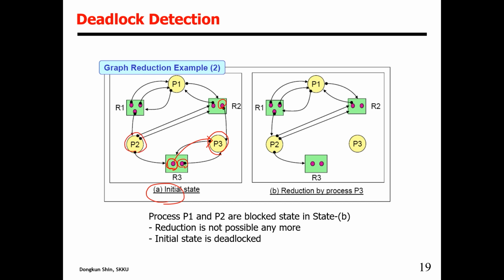Then P2 can use this resource, but P2 must acquire two resources from R2, and there is only one available, so P2 cannot complete. So we cannot reduce. If this resource is first allocated to P2, then P2 also cannot be completed. So this graph cannot be reduced. Processes P1 and P2 are in the blocked state in this graph. Reduction is not possible anymore, and the initial state is a deadlock.